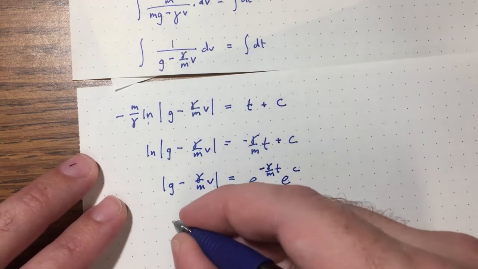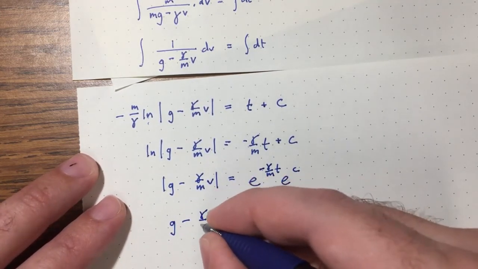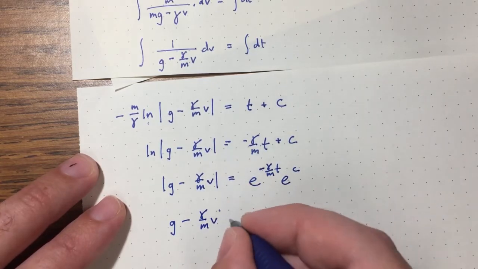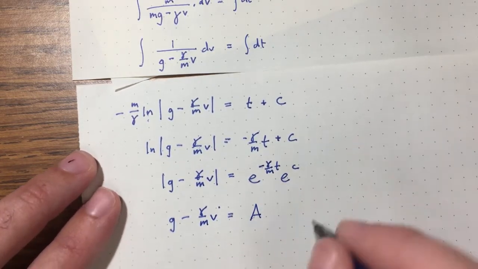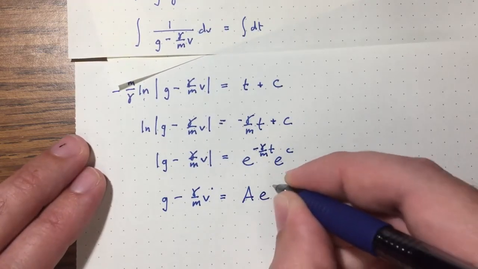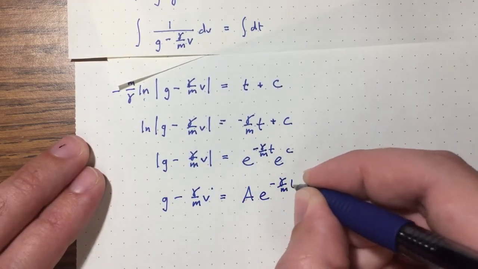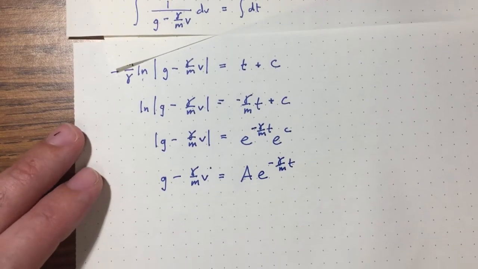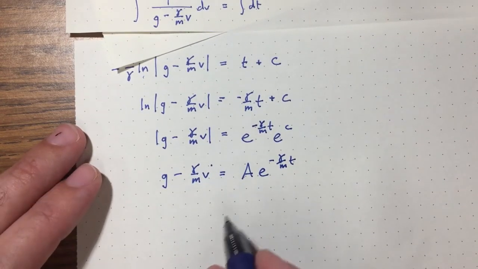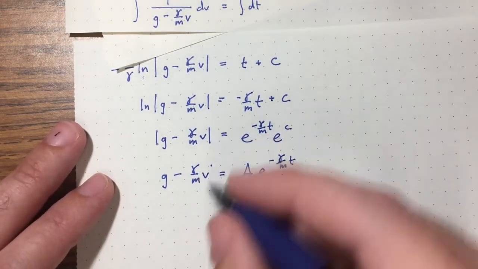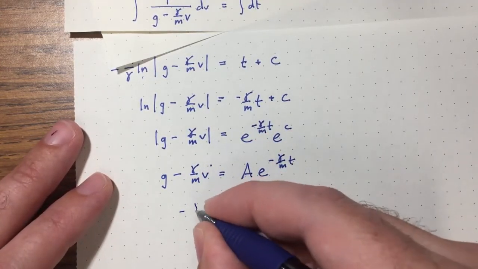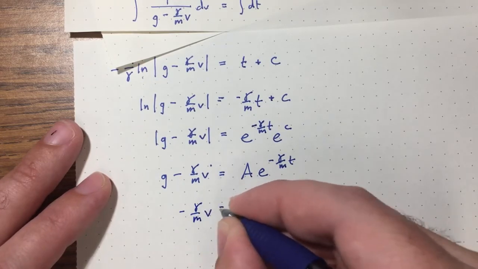We can get rid of these absolute value signs. It's very similar to the previous example at this point. Right? So I'll just replace plus or minus e to the c by a again. Okay. And what do I have to do next? So let's subtract the g.